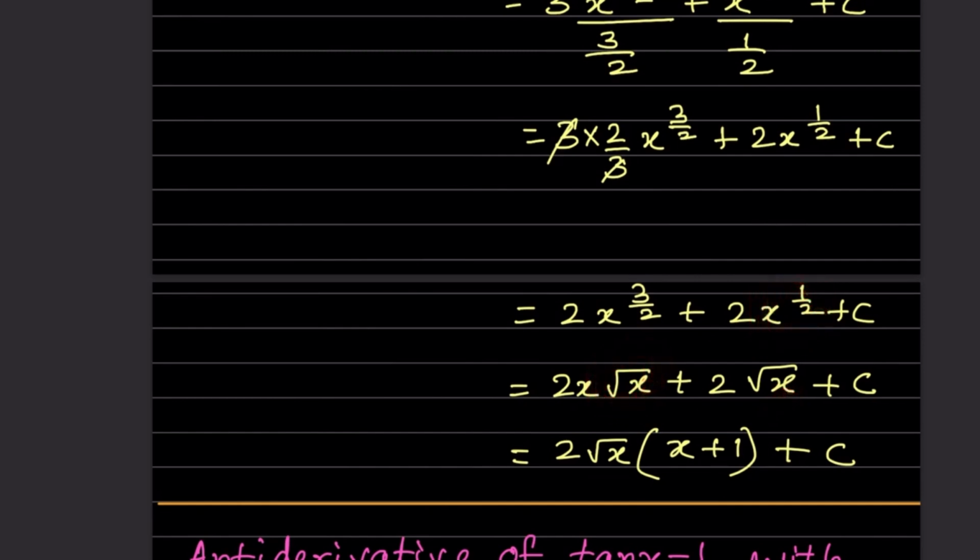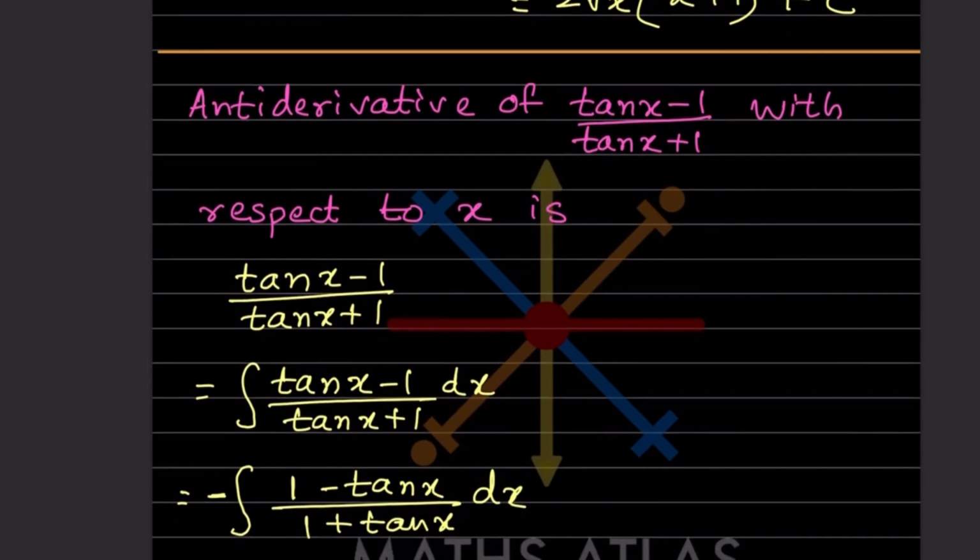So now what we can do over here is take the common factor, 2 root of x, as here as well as here we have. So that thing we are going to write only once. And what remains in the bracket? See, 2 root of x is gone. So x remaining over here. Here nothing remaining means plus 1. So see, when you expand this, you get the same as this one, plus c. So this is the final answer.